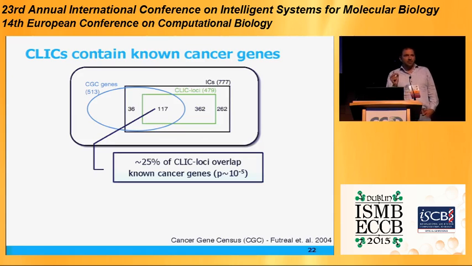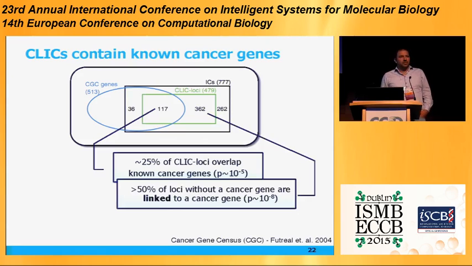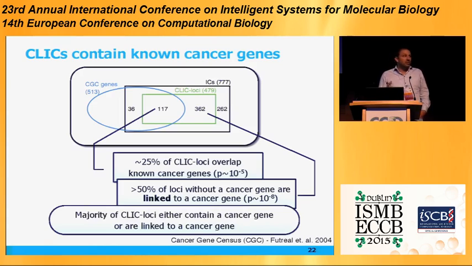However, of those 75%, more than 50% are linked to a cancer gene through long-range interactions. And this is much more than expected by chance as well. So taken together, this suggests that the majority of these click loci either contain a cancer gene themselves or are linked to a cancer gene through long-range interactions.